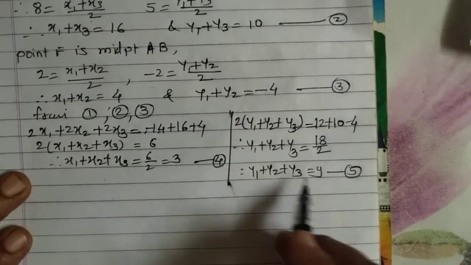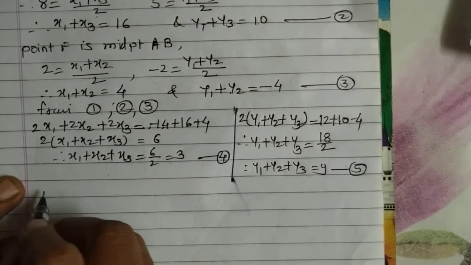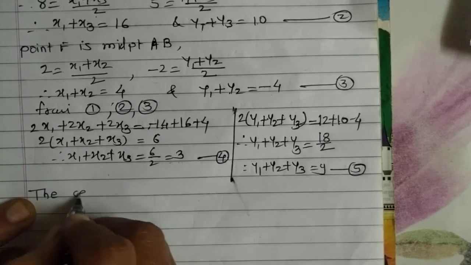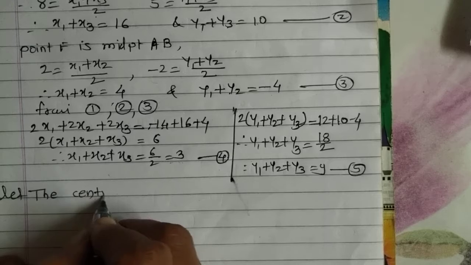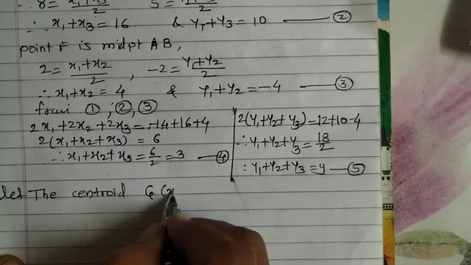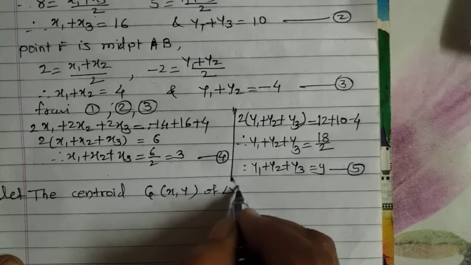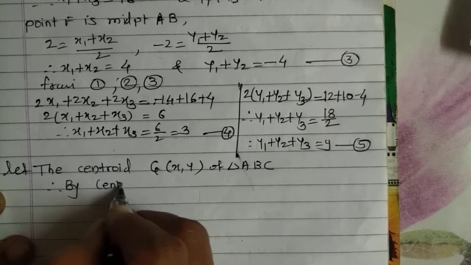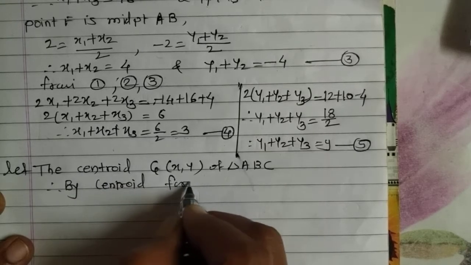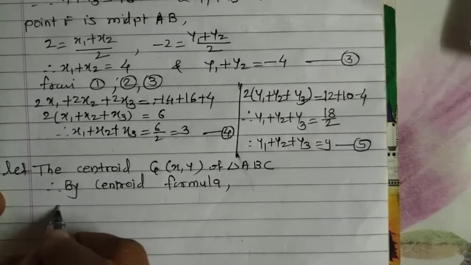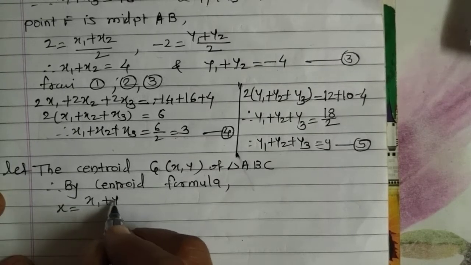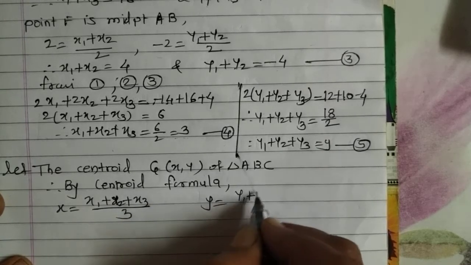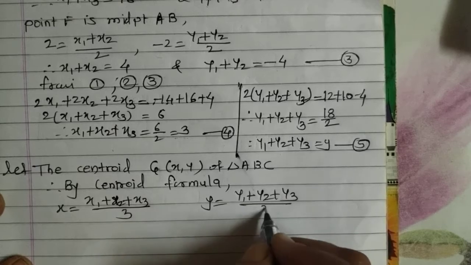Now using the fourth and fifth relations, we can find the coordinates of the centroid. Let the centroid be G(x, y) of triangle ABC. By the centroid formula, its x coordinate is (x1 plus x2 plus x3) upon 3, and its y coordinate is (y1 plus y2 plus y3) upon 3.